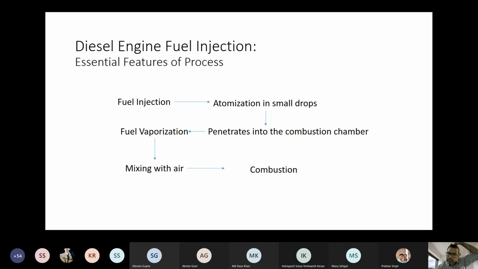If you see the range of the air-fuel ratio in the diesel engine from no load to high load and low speed to high speed, you will find it goes down to around 20 at the high speed, high load condition.